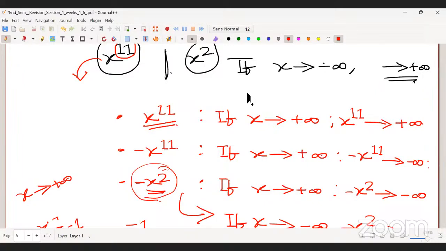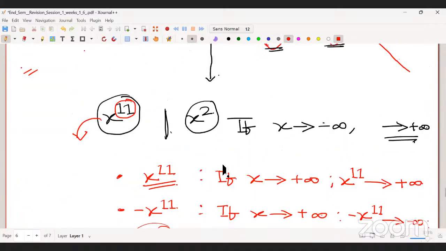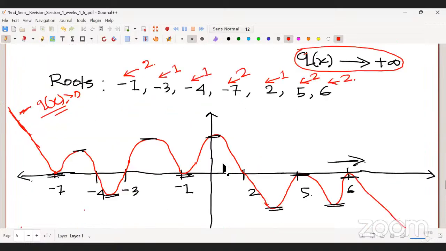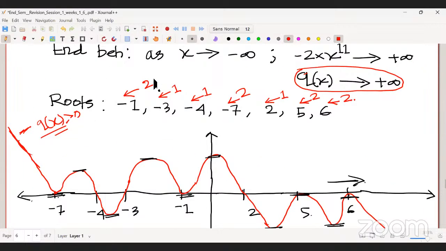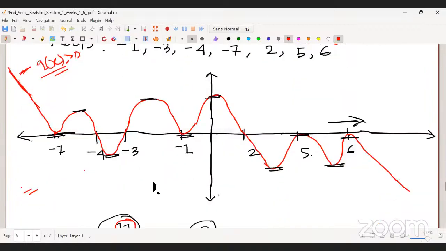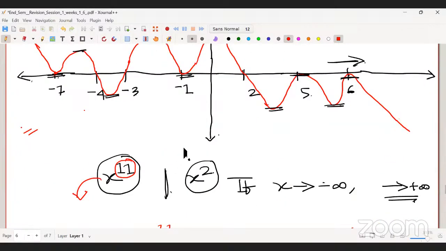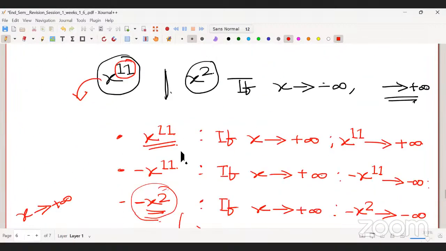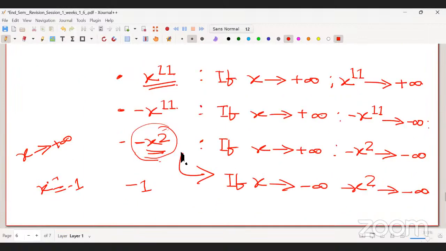The only thing that you need to remember is this: if the multiplicity is odd, then it will cross the x-axis. If the multiplicity is even, then it will bounce back. That is the only thing you need to remember. Apart from that, you just substitute minus 1 and check.